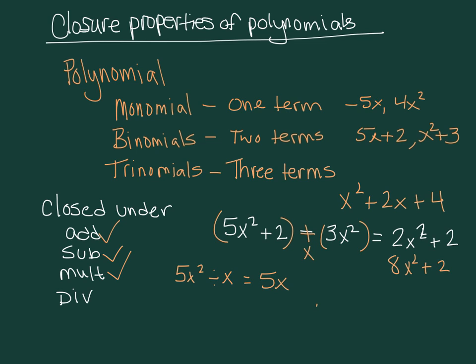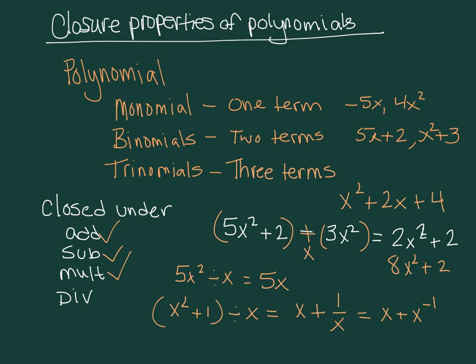But if I do a binomial divided by a monomial, I'm going to get a very strange result because I'm going to get x plus 1 over x. Well, the issue here is in a polynomial, I cannot have a negative exponent.